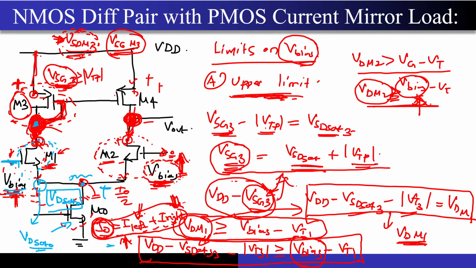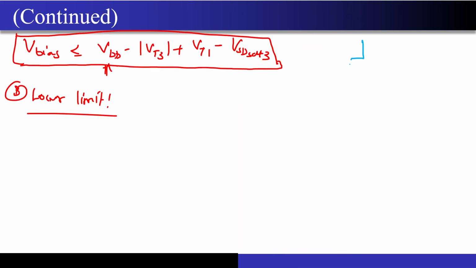The source of M1 cannot go below VD-SAT 0. Correct? I hope that particular part is clear now. So now what we have to ensure is, if I move from this V bias, I will just draw M1 over here so that it will become very much clear. I was applying V bias over here. Correct? There is a bound that I have placed, VD-SAT of 0.